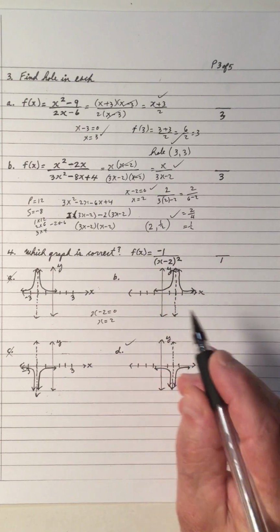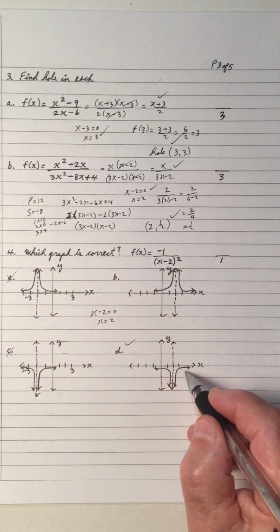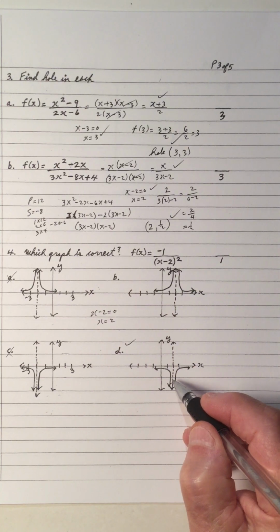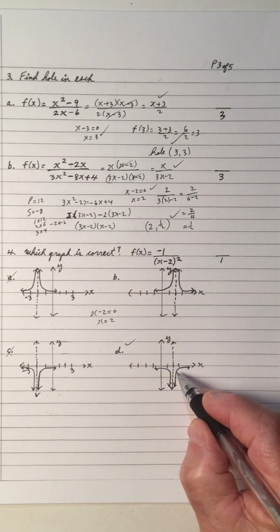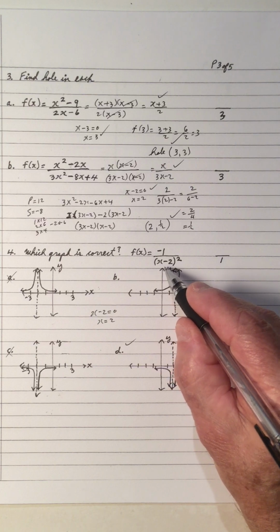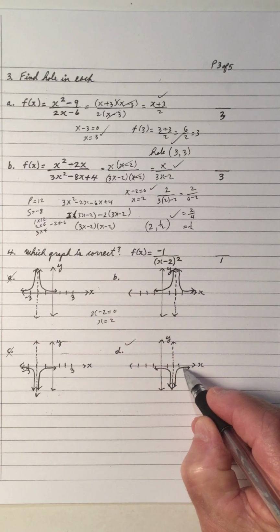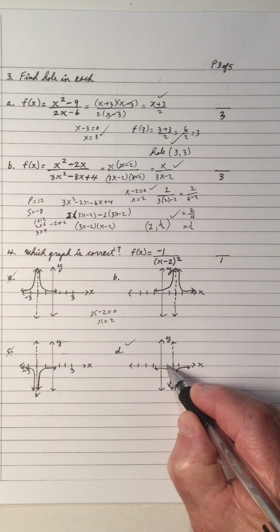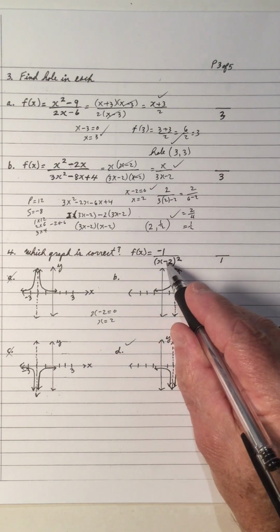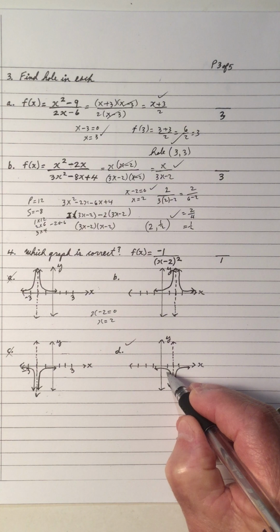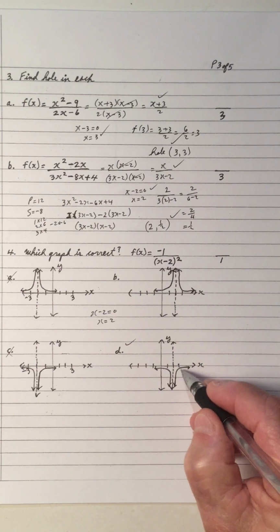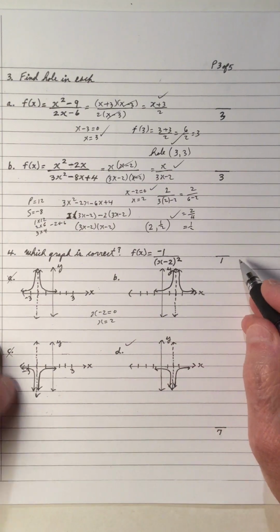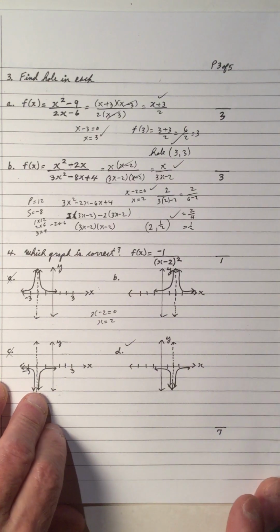So it has to be D. They have to be going down. And so both of them are, if you plugged in values of x like 3 and 4, you get points here. If you plugged in the values of x to be 1 and 0 into this equation, you get points here and here. So both of them go down, so that's the answer. And that's a total of 7 marks for that page.